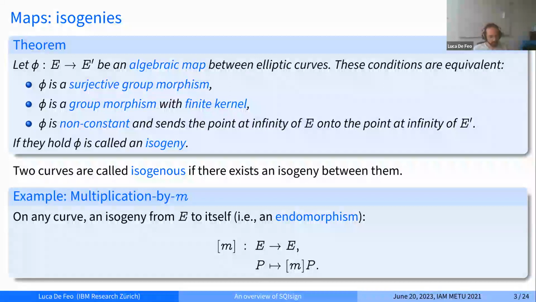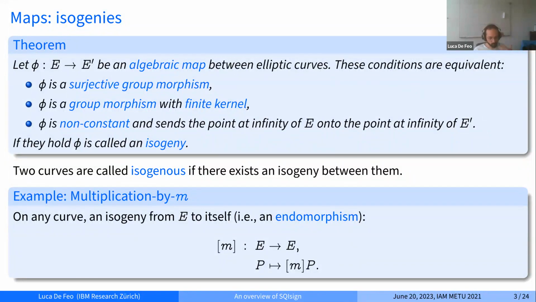But isogeny-based cryptography is not really interested in a single curve on its own. We don't just look at one curve, y squared equals x cubed plus ax plus b. Isogenies are maps between elliptic curves. So in a way, they are the natural concept of algebraic morphism, of morphism between abelian varieties.